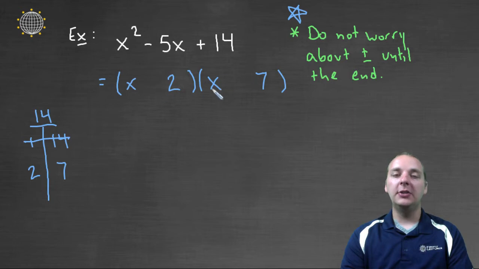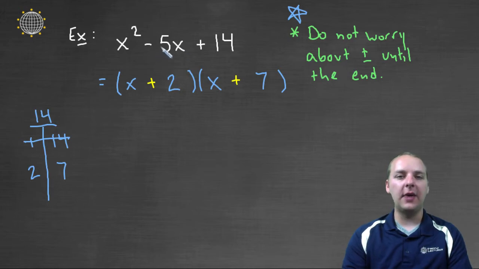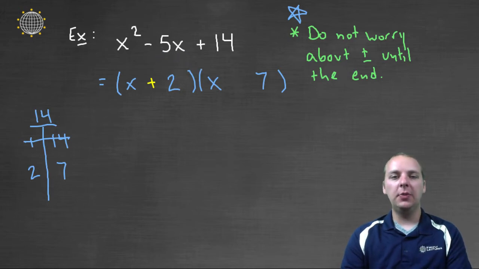So I need to check out my signs, and I have to ask myself, how could a 2 and a 7 multiply to give me positive 14? Well, it could either be a plus 2 and a plus 7, but you see that won't work because that won't add to a negative 5x. So really my only other option would be minus 2 times minus 7 would give me plus 14.